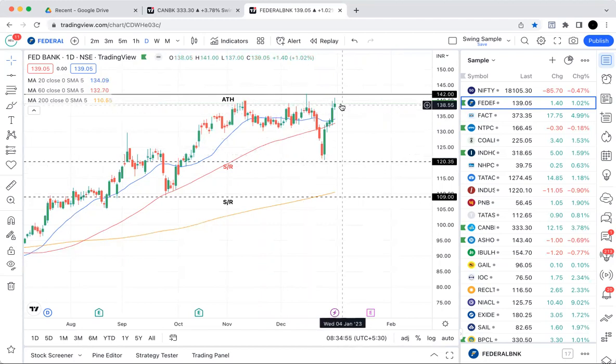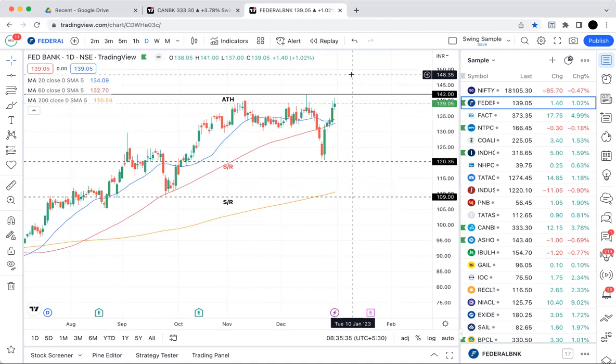As soon as you see it breaking out above the upper resistance, which in this situation is the all-time high, and remember, the all-time high is a very strong resistance, as soon as it breaks out of that resistance, what I would do is wait till the next day to see if there's a retracement back to this line again, and then wait for a confirmation move up.